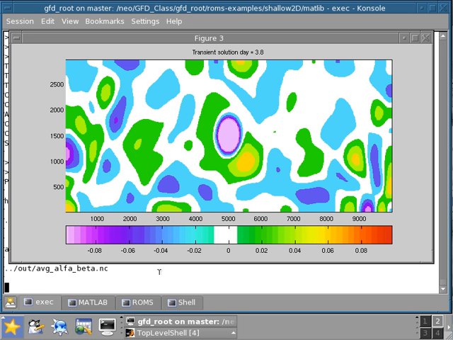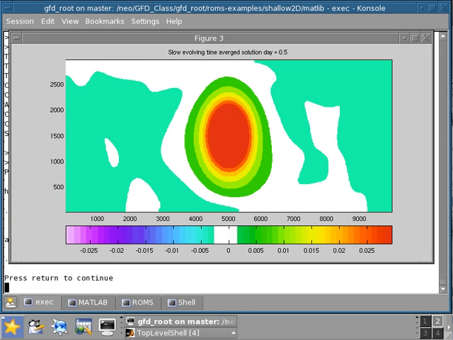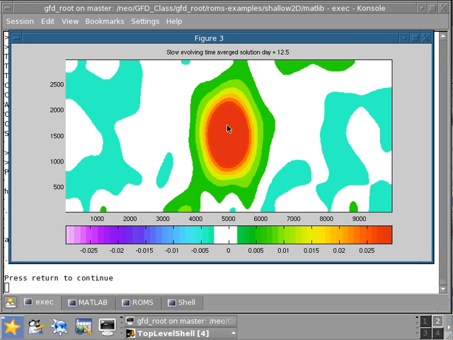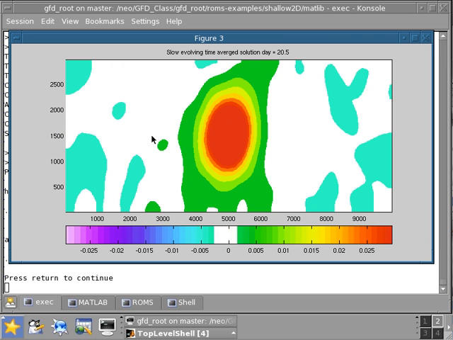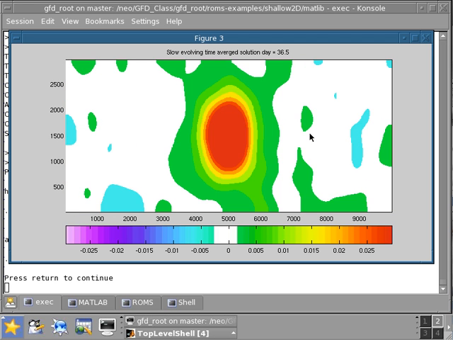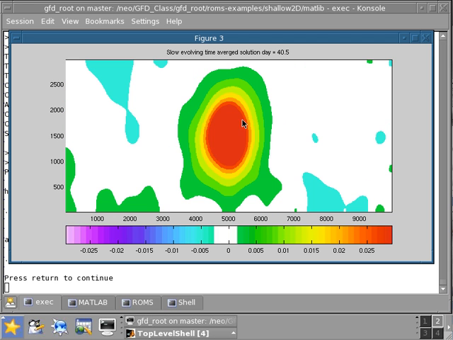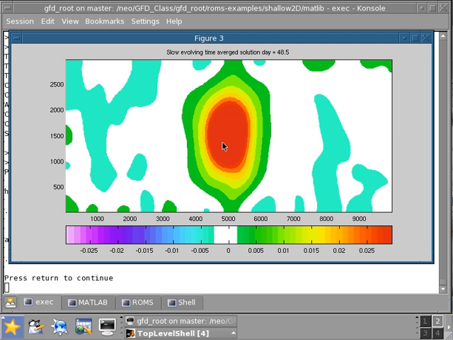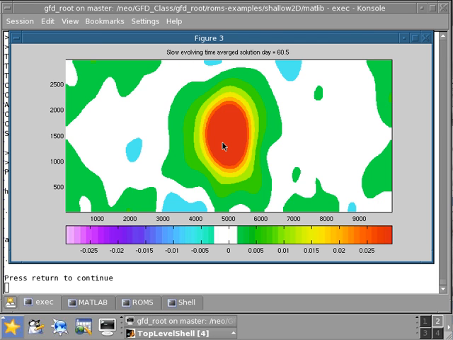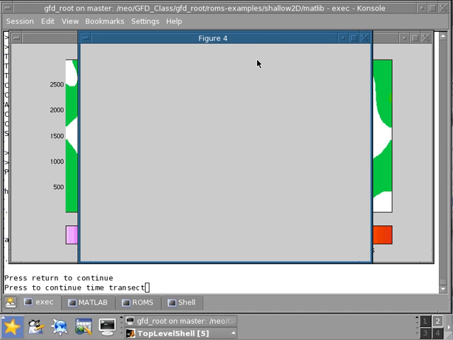And now we can look at the slowly evolving solution. And now in the slowly evolving solution, you see that the bump is not moving. And that's because the Rossby waves want to go in this way, but the topographic waves are pushing the bump in this other way. And so basically it's an arrested wave because of the double effects of the planetary f, the change in f, and the topographic slope.